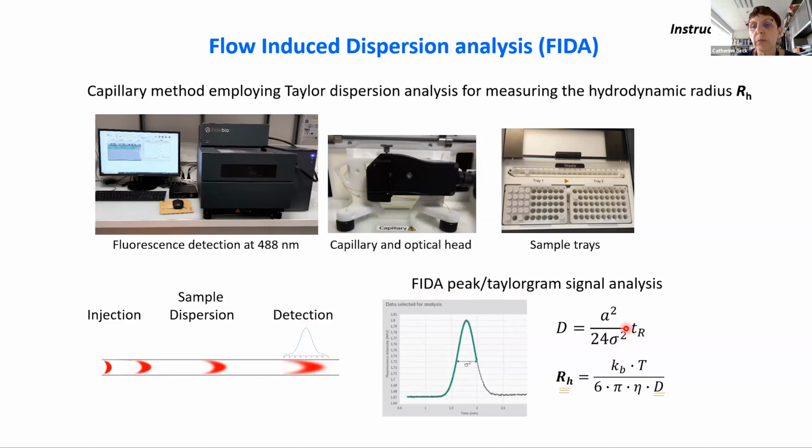Two experimental parameters are used: the sigma square, which is the width of the peak at half height, and the residence time, which is the measuring time where the top of the peak reaches the detector. These parameters will be used to determine the diffusion coefficient and also the hydrodynamic radius, which is inversely related to the diffusion coefficient using the Stokes law.